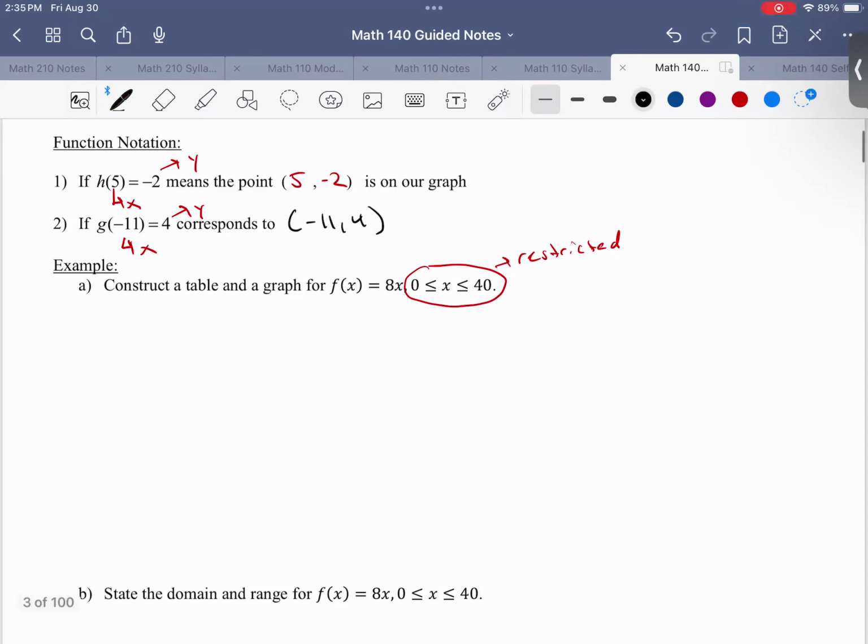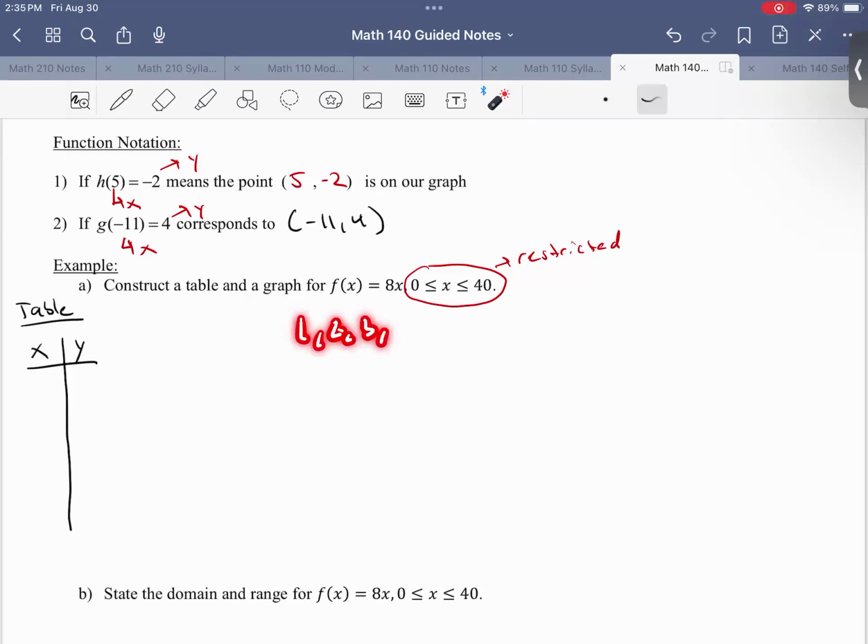So, table. The way to construct a table is you have your x values and you have your y values. We're going from 0 to 40. There's different ways to go about this. You can go by 1, 2, 3. You can go by 5, 10, 15.